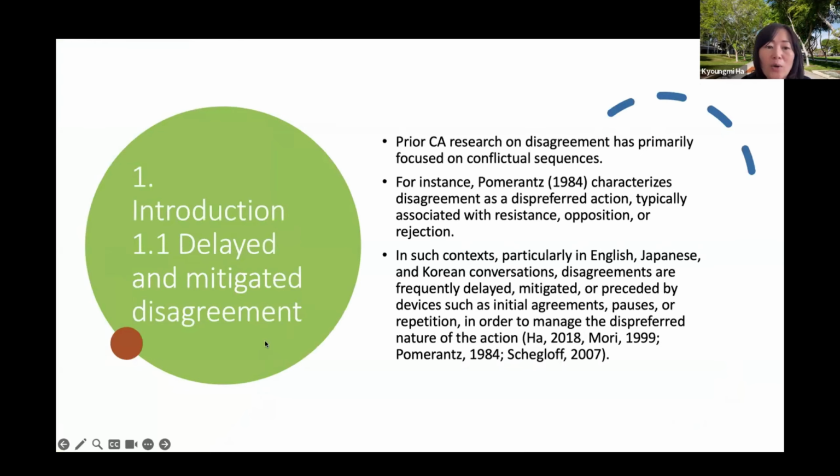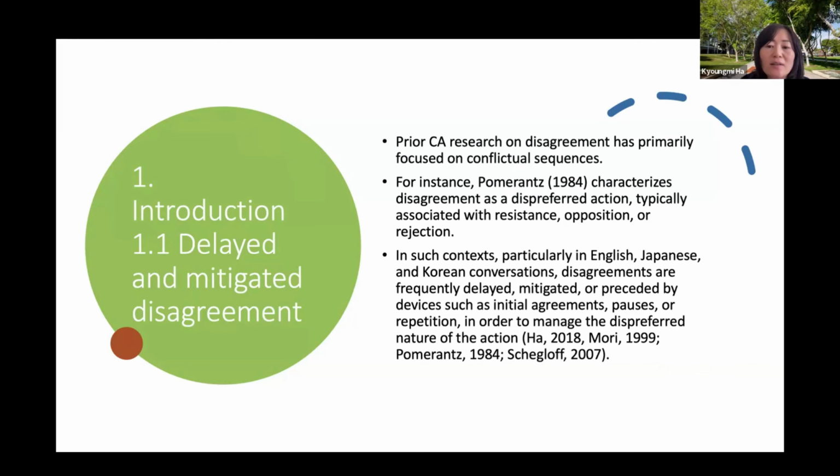Let me first talk about disagreement in the context of conflict. Prior conversation analytic research on disagreement has primarily focused on conflictual sequences. For instance, Pomerantz shows disagreement as a dispreferred action, and agreement as a preferred action, with disagreement typically associated with resistance, opposition, or rejection.